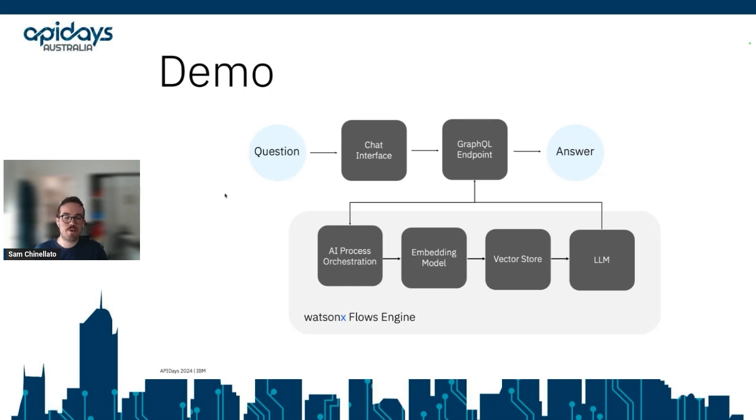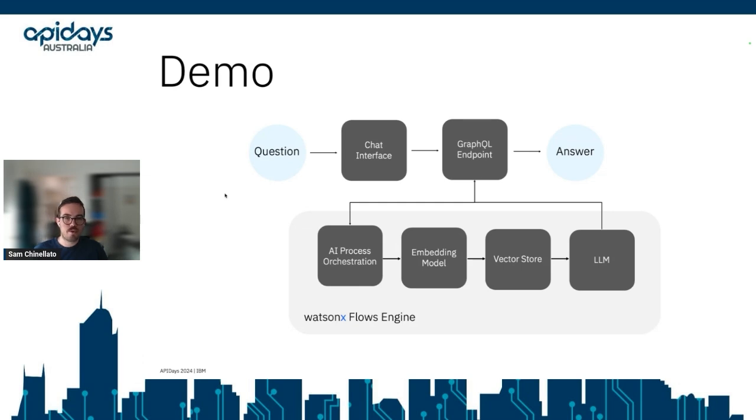So what you're going to be seeing here is a question being submitted through our chat interface. We're then going to be hitting a single GraphQL endpoint, and that GraphQL endpoint is going to govern an AI orchestration flow that is going to handle our RAG process.